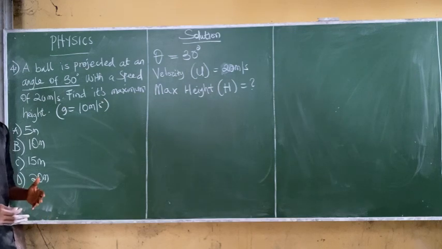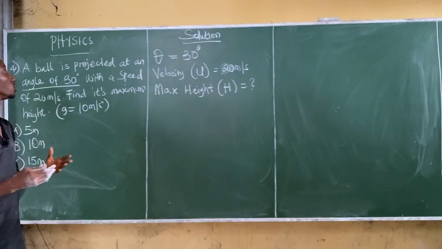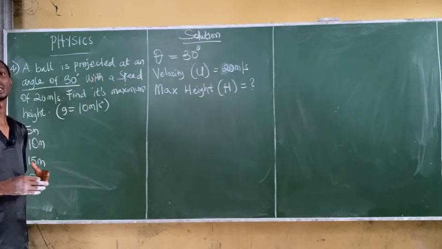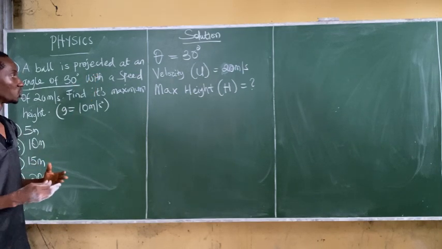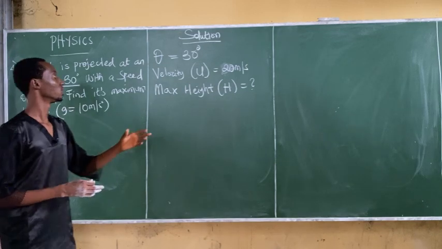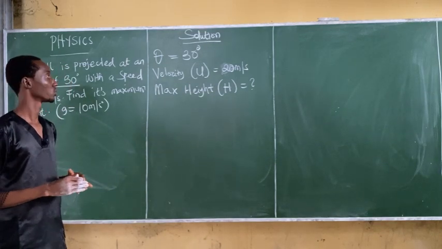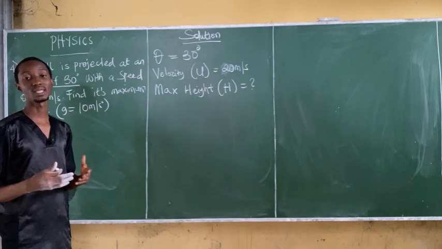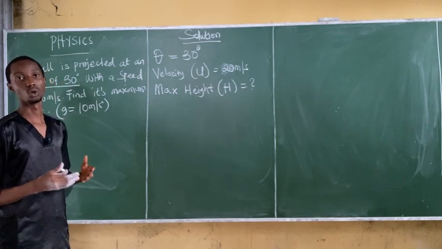Now projectile motion is broken into the vertical component and the horizontal component. The maximum height is reached when the vertical velocity is equal to 0. I repeat myself, the maximum height is reached when the vertical velocity is equal to 0.